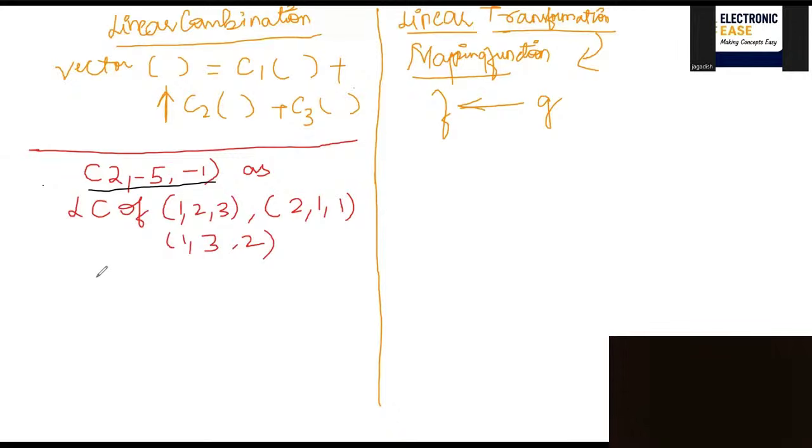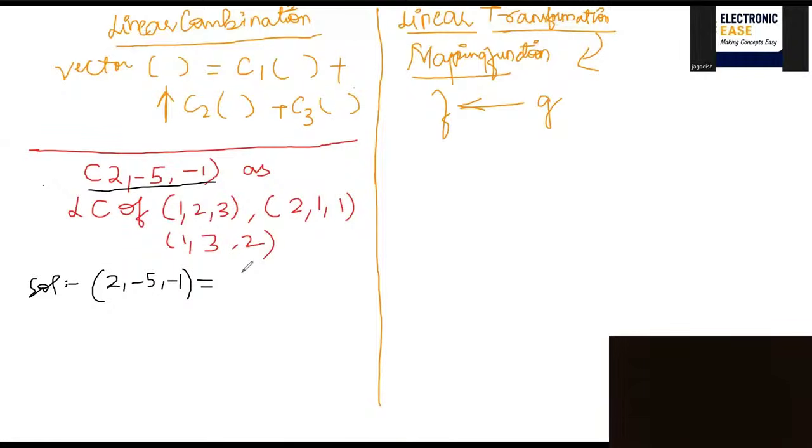Step number 1: you need to write the given vector on the LHS, (2, -5, -1). Then you need to write the combination.